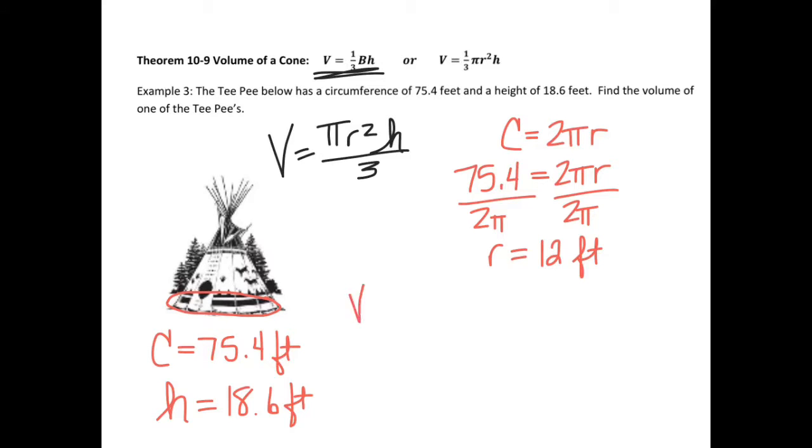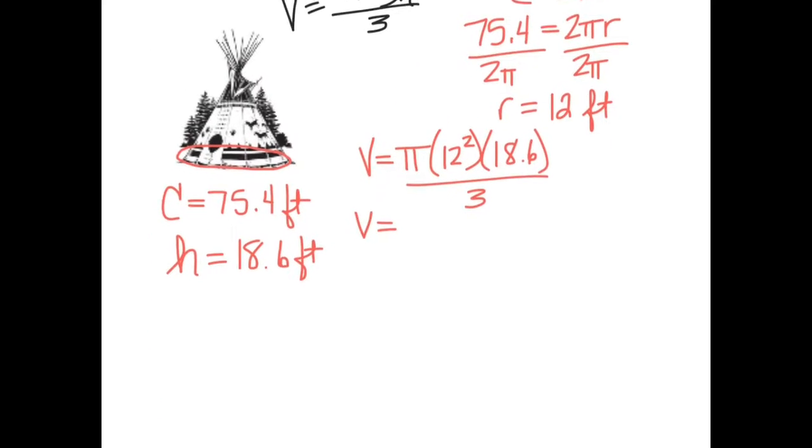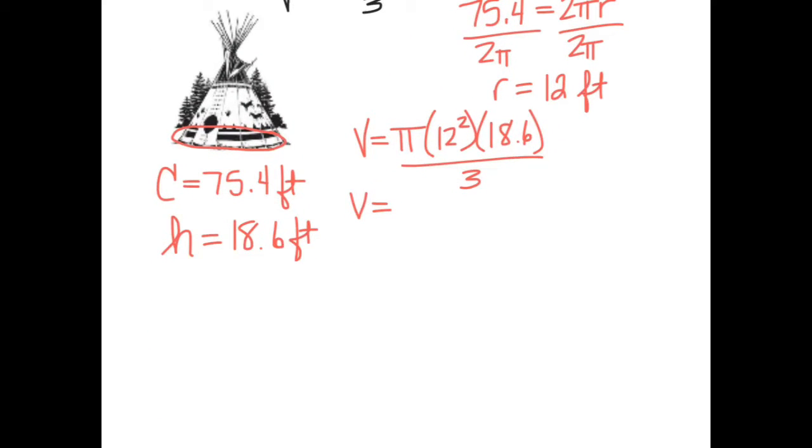So the volume is pi times 12 squared times my height, 18.6, all over 3. Now, you can leave your answer in terms of pi. I'm going to do this answer both ways. I'm going to leave my answer in terms of pi, and I'm going to multiply it out.